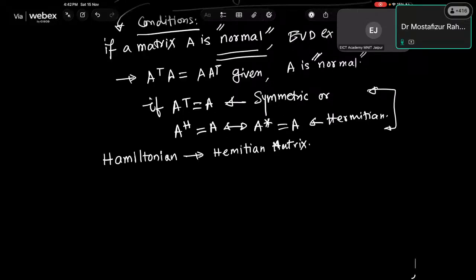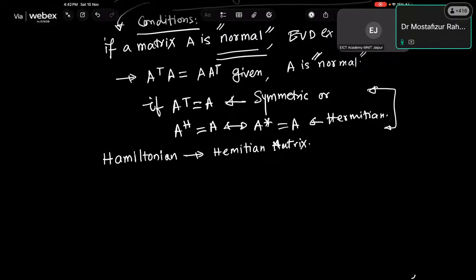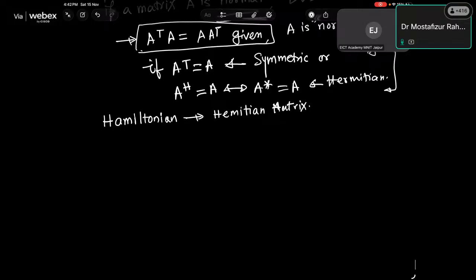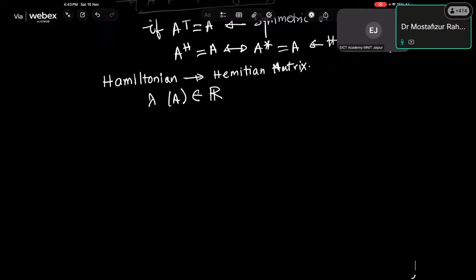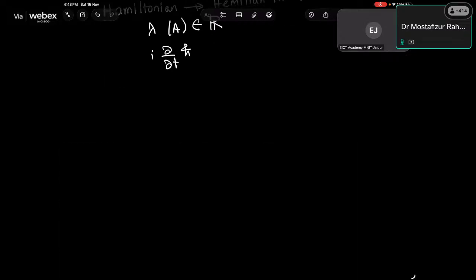If they are not Hermitian, I can still do eigenvalue decomposition using the normal matrix condition. If they are Hermitian matrices, then the eigenvalues of those matrices A will be real, belonging to the real numbers. So for example, this is the i h bar d by dt, so h bar I can also write on the left side. Just 1 minute.